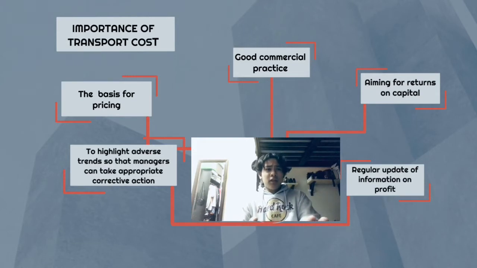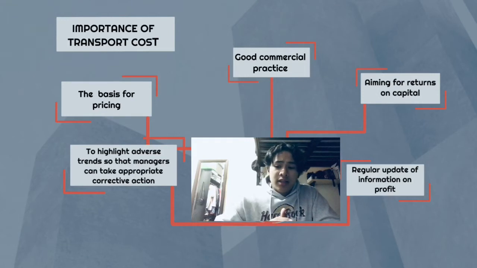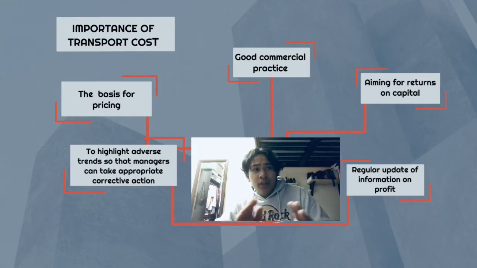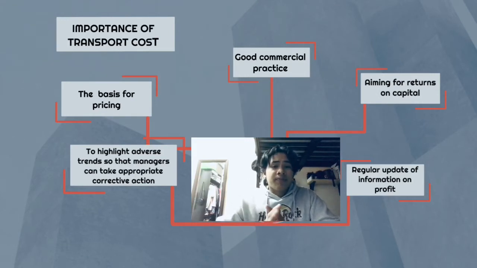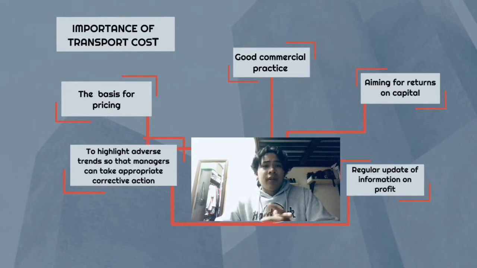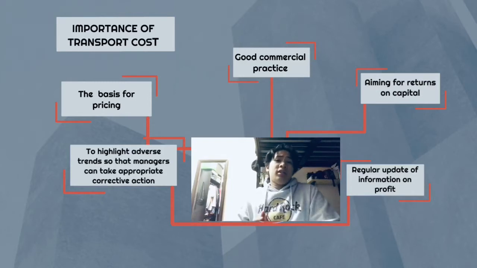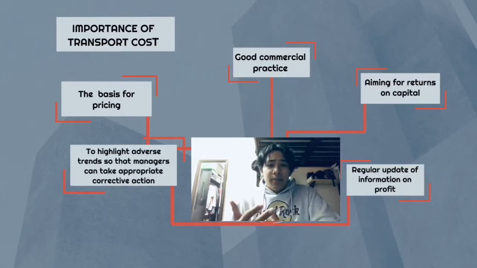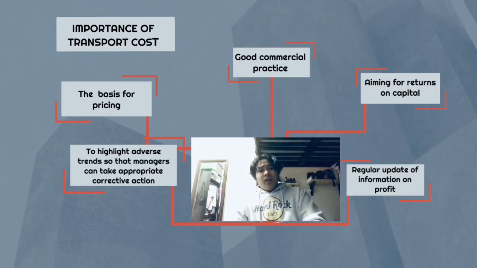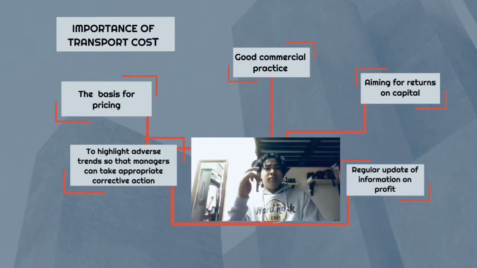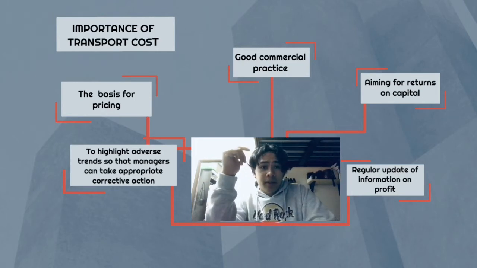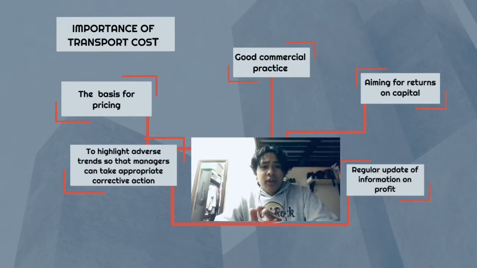First of all, a good commercial practice is a system which is widely used in business activities. The next one is aiming for return on capital. The importance of understanding transport costs is to make sure that the company is not undergoing losses, and the company must aim for the return of capital. The next one is the regular update of information on profit.